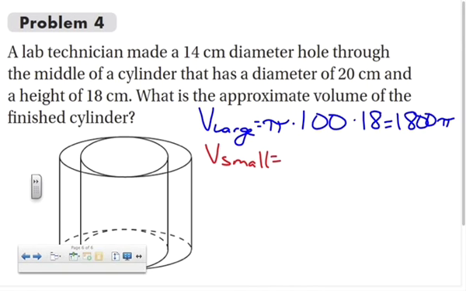Okay, the volume of the small cylinder would be pi times 49 times 18, which is 800 something pi. 882 pi.